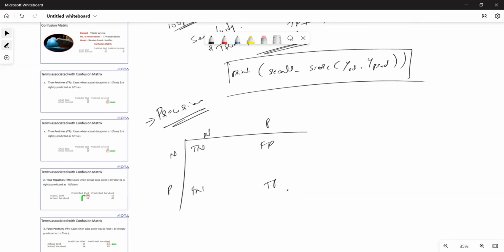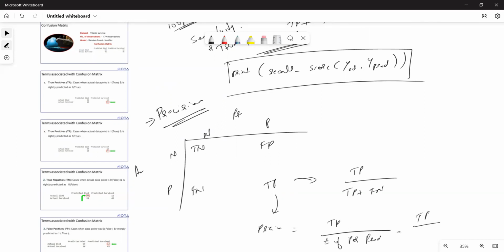This was recall, that is true positive divided by true positive plus false negative, whereas precision would be here. Precision is my true positive divided by number of positive predictions, that is true positive divided by true positive plus false positive. So precision talks about this, whereas recall talks about this.